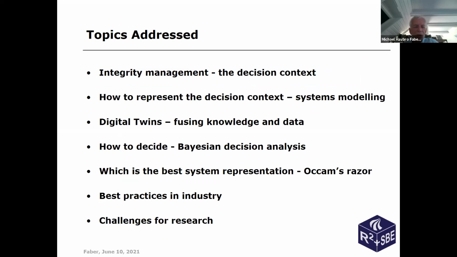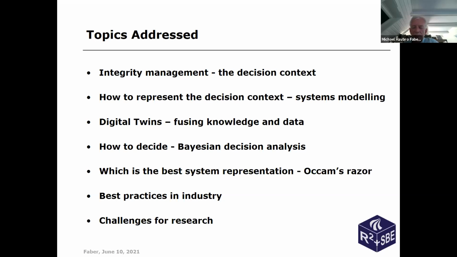Then I will just super briefly talk about digital twins, fusing knowledge and data. Then I will address how to decide actually. So how do we decide on which might be an optimal strategy for integrity management during operation and optimization of maintenance, namely Bayesian decision analysis.